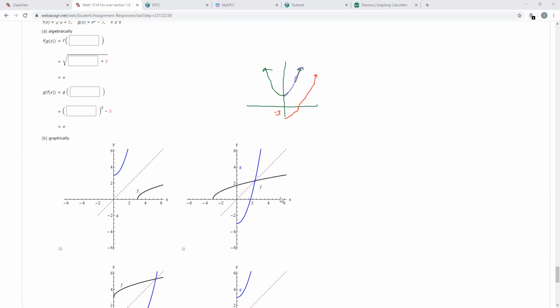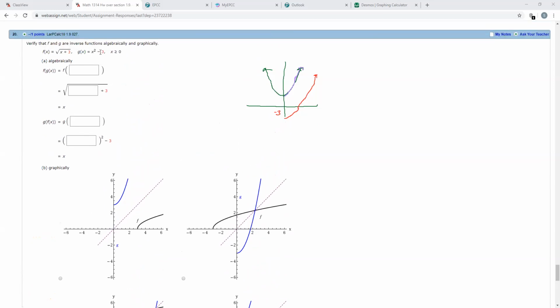If you wished, you could pick another point and just make sure. So for example, for the g of x function that we just sketched, you could graph one or maybe 2 points. So x greater or equal to 0. At 0, we already said we're going to get -3.